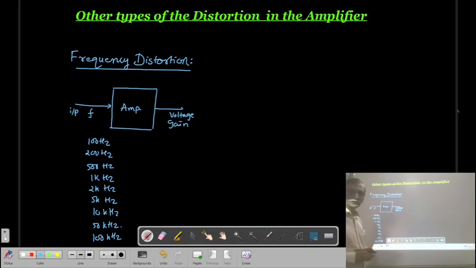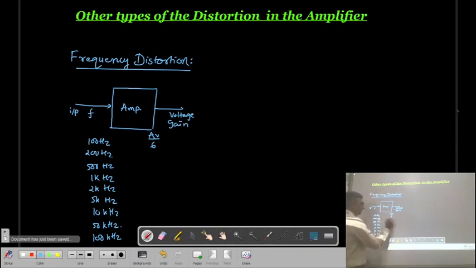So if we see the practical response of the amplifier, and measure the voltage gain for all these frequencies, you will find typical values. For 100 Hz, the gain of the amplifier is 6.